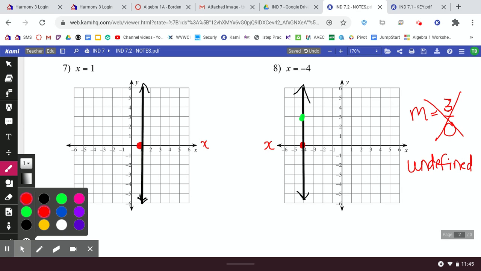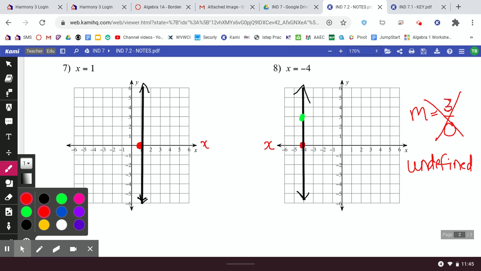I don't know what math genius came up with that rule or why it's the case, but it's a math rule. If you have a 0 on top, it's okay. It just reduces to 0, which is why our horizontal lines have a slope of 0. It's an actual number. Our X lines, or our vertical lines, do not have a slope. Their slope is called undefined.